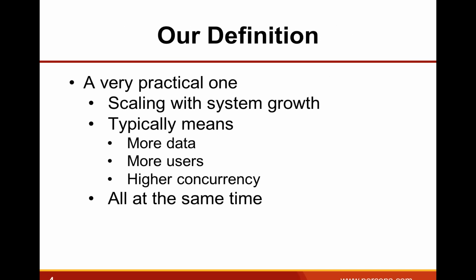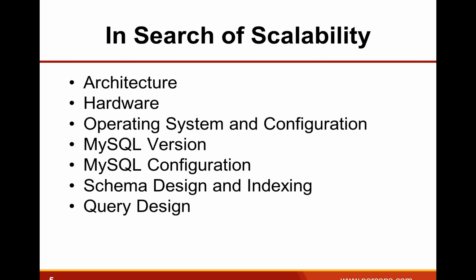Often there will also be more and different kinds of queries because we are introducing more and more complicated features. All of those things happen at the same time, so when working with scalability, we have to think about lots of things at once.